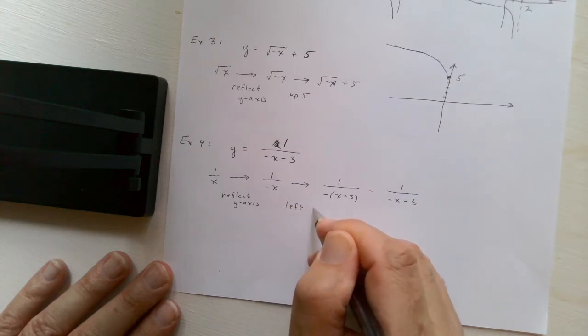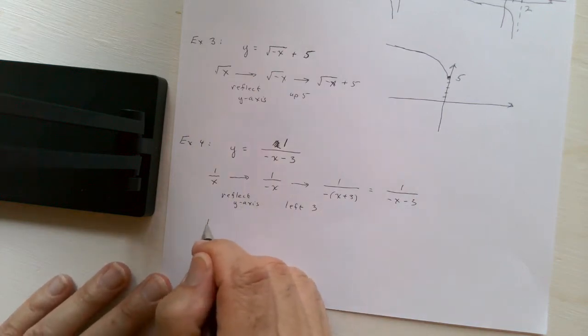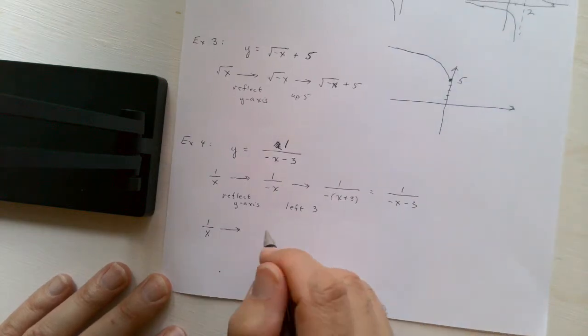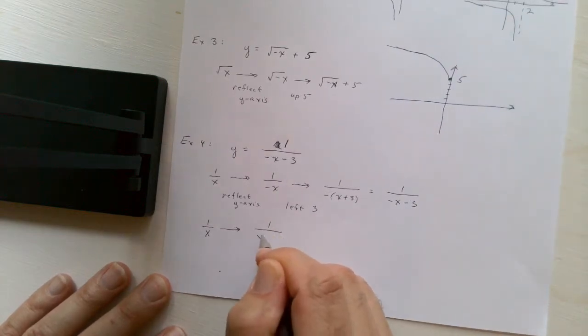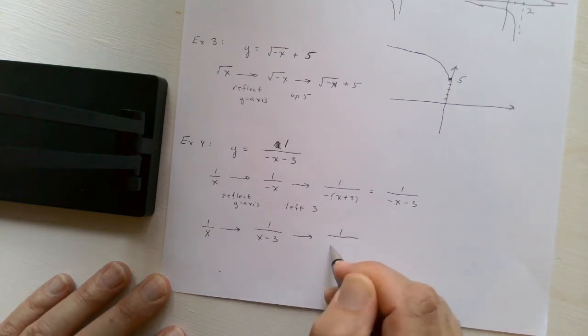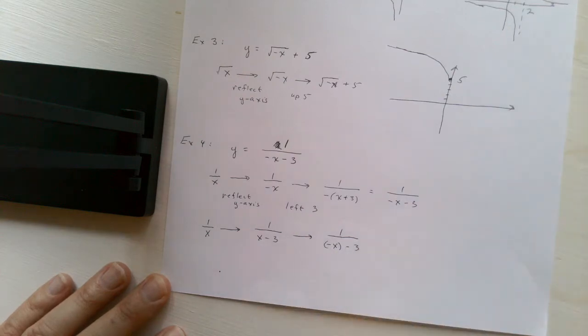Okay. Now, if we want to do this a different way, what we could do is we could also start with 1 over x. Replace this with 1 over x minus 3, and then replace the x with minus x, and we get the same thing.